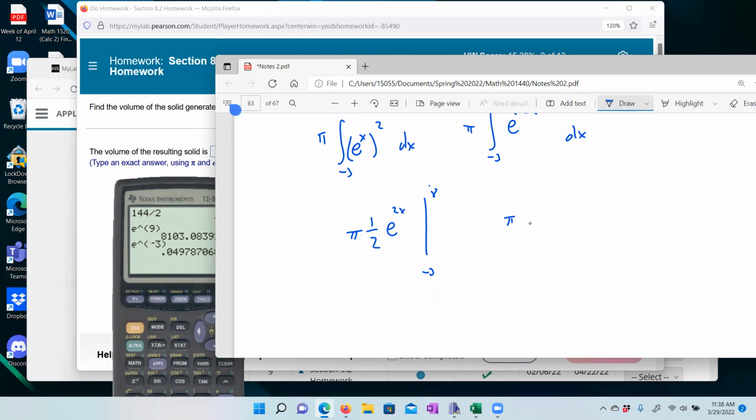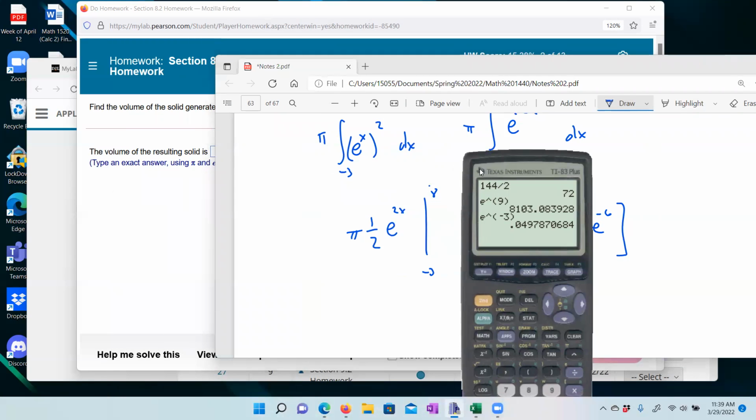So we have pi over 2. We have e to the 8 times 2, so 16, minus e to the 2 times negative 3, negative 6. I don't want to put that in the calculator. We'll see if we have a chance at this, because they want it exact.